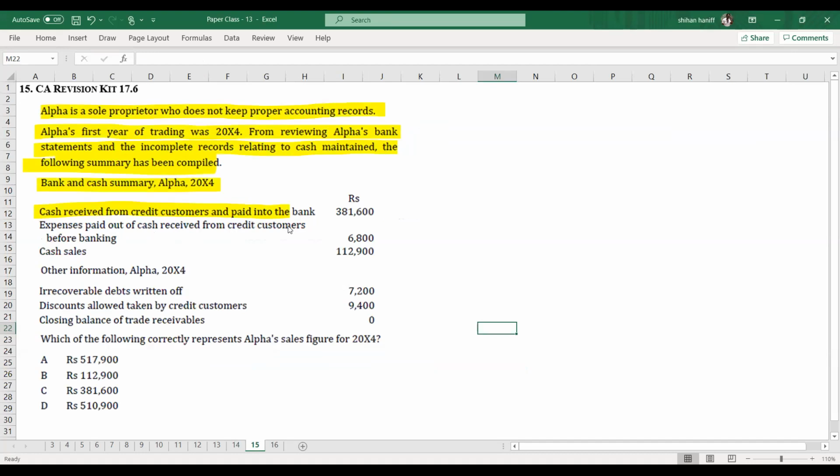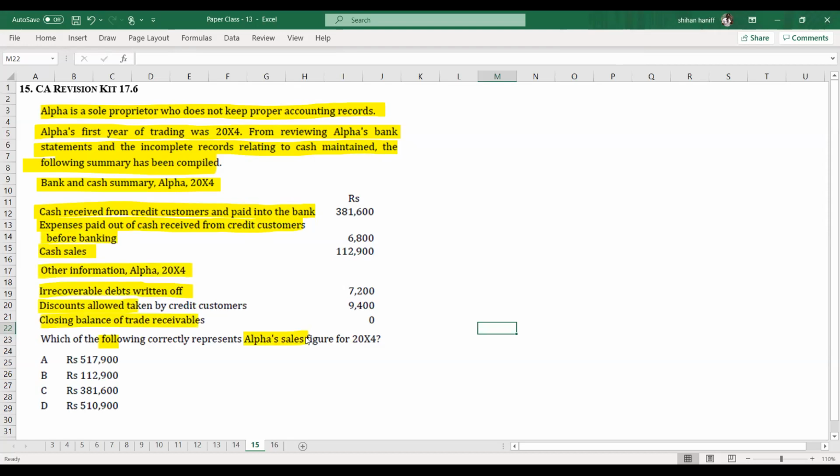Credit customers means debtors. Cash sales. Other information: recoverable debt, discount allowed, closing balance of trade receivable. Which of the following correctly represents Alpha's sales figure?